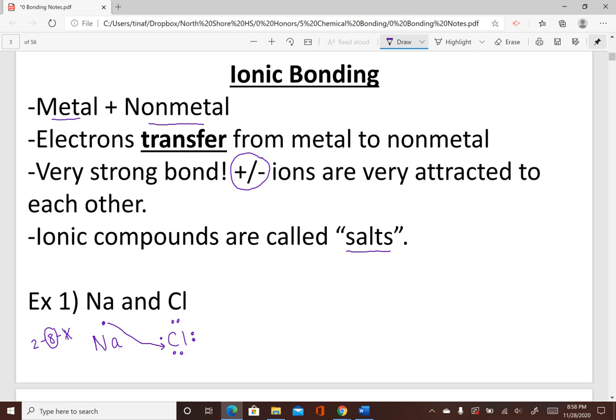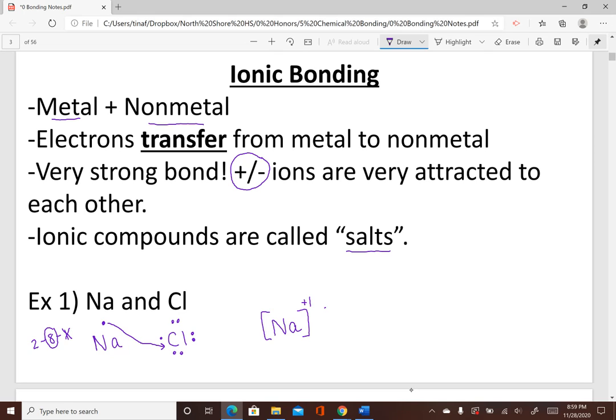So now how do we draw our compound? Right now I just showed my work. Now I need to draw my compound. When we draw ions, we draw them in brackets. So sodium had 1 dot, then it gave it away. So sodium has no dots, brackets, and because it lost an electron, now it has a positive 1 charge. It's a +1 ion.